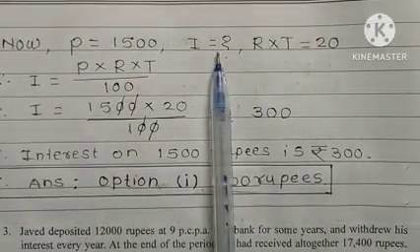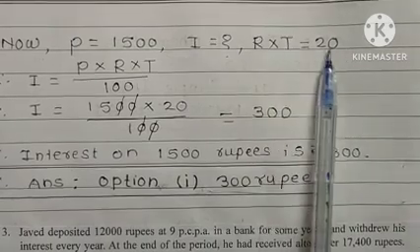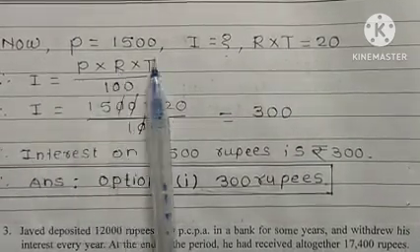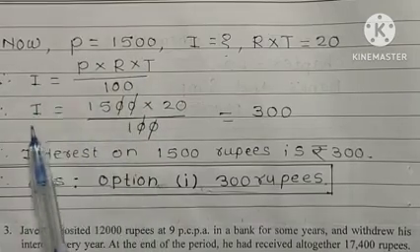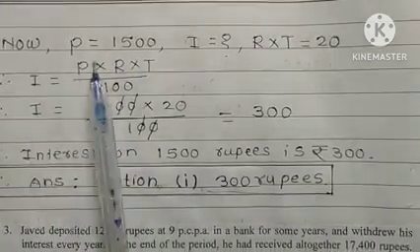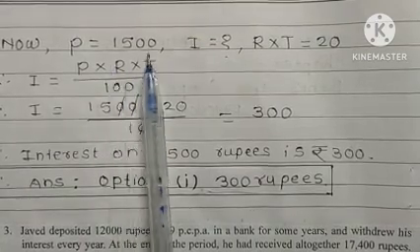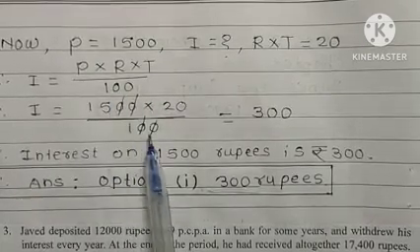I is to calculate, but R into T we know, 20. Again I is equal to P into R into T upon 100. This is the formula for simple interest. I is to calculate, P 1500 and R into T 20 upon this 100 as it is.